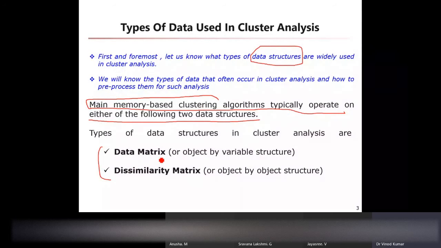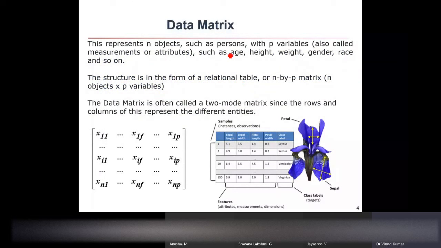Data matrix means whatever data you have will be stored in the form of rows and columns: an object by variable structure. Dissimilarity means an object by object structure. So we use two kinds of data structure, and you can understand this in the next slide. The data matrix is represented as an n cross p matrix, meaning n rows, like row 1, row 2.